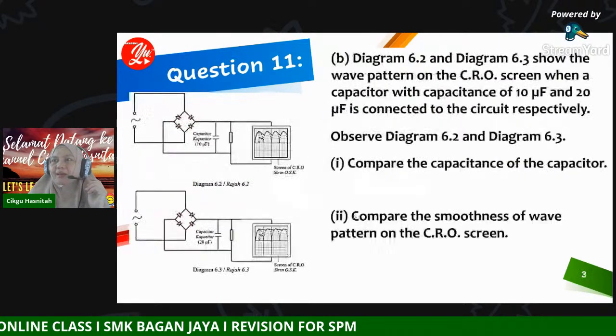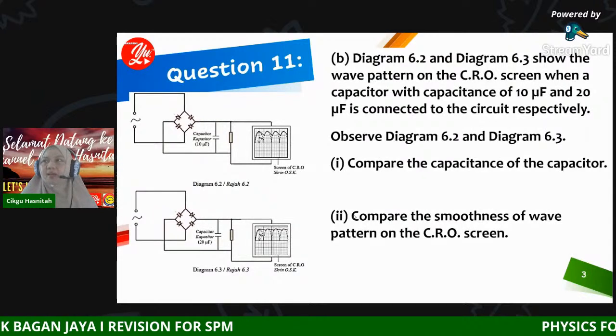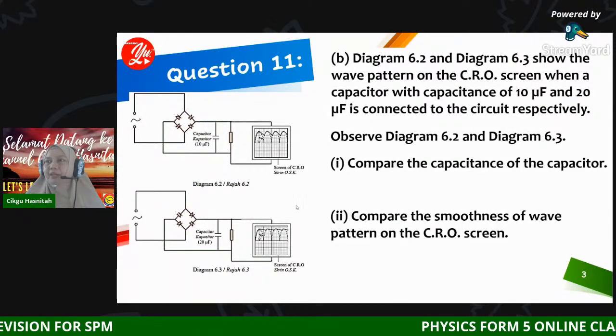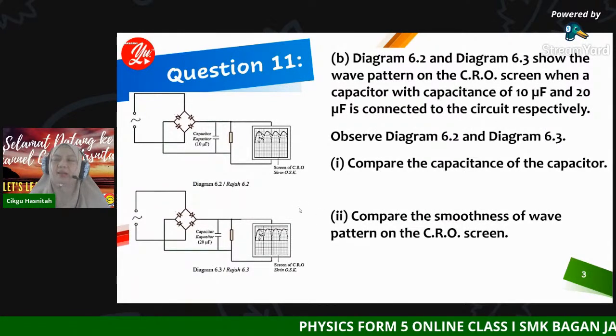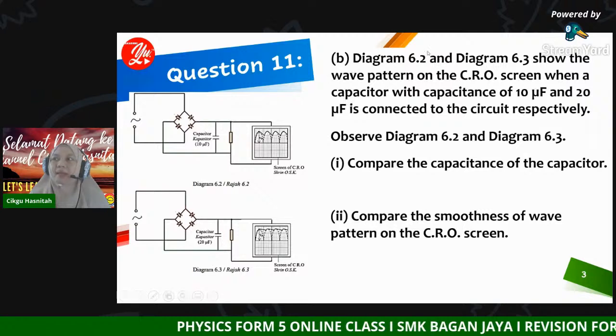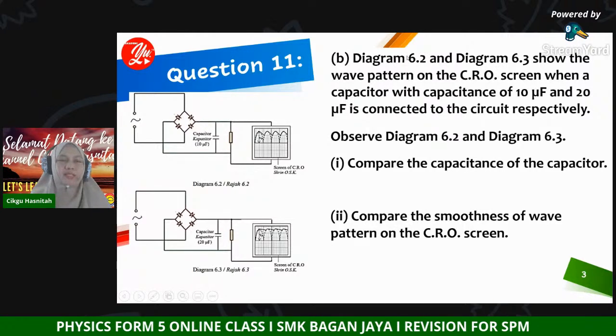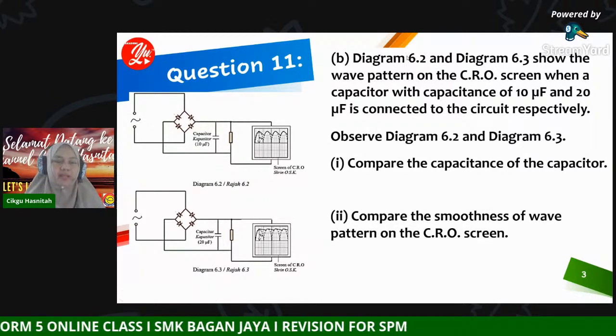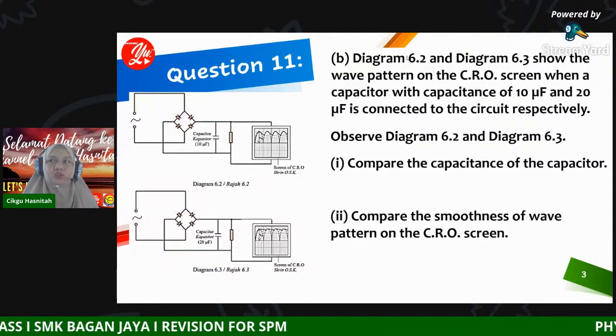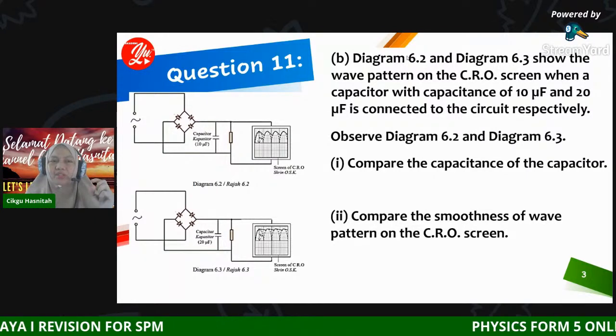Next, question B. Now you are given diagram 6.2 and 6.3. They label the diagrams 6.1, 6.2, 6.3, which means in the real SPM paper 2, this is question 6.